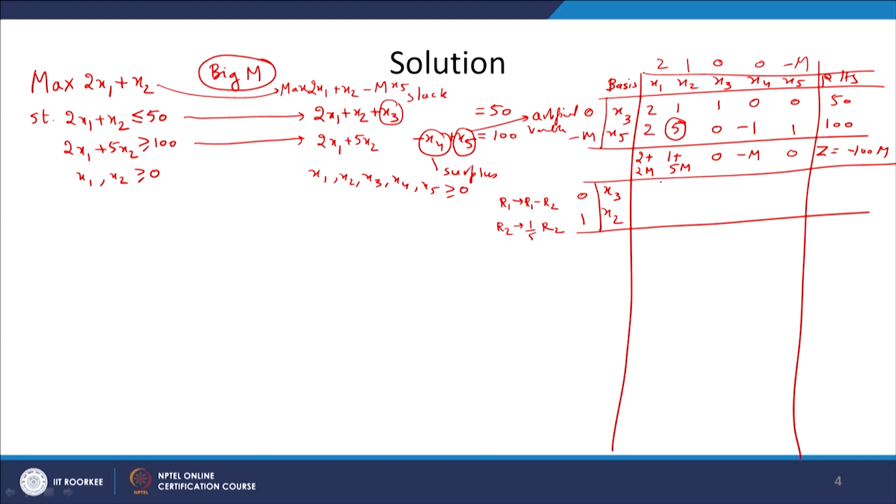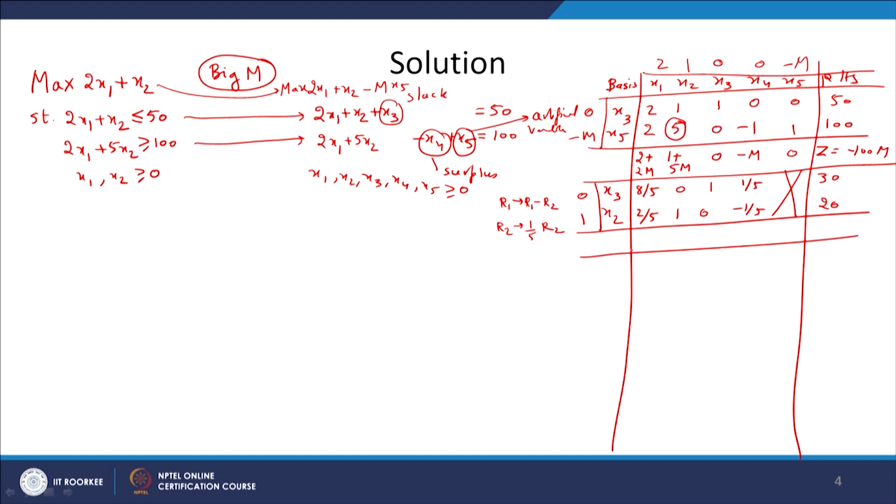We get 8 upon 5, 0, 1, 1 upon 5, and in fact we can forget about this last variable because it is no longer there in the basis. Right hand side is 30 and in the second row we have 2 by 5, 1, 0, minus 1 by 5 and right hand side is 20.